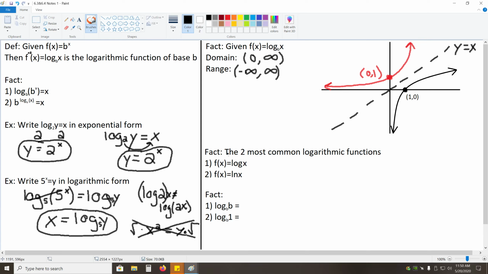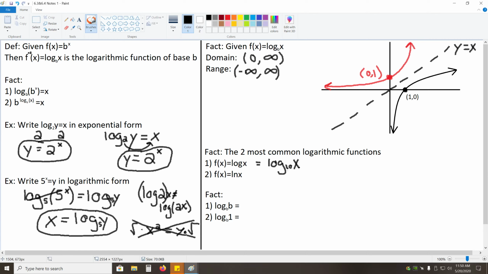Okay, now at this point, we'll talk about the two most common logarithmic functions, which are log x and natural log x. While these might not look familiar, these actually are completely connected to the two most common exponential functions we've talked about. Log x is technically just the shorthand form of log base 10 of x. Whenever you have log base 10, you do not write the 10.